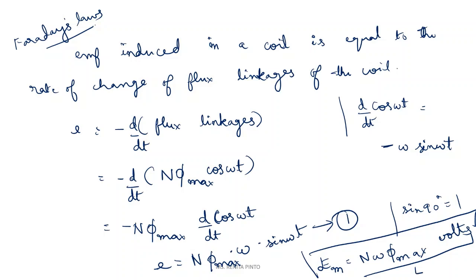Let me mark it as equation 2. Now let me substitute equation 2 in 1. So what will you get? E will be equal to Em sine omega t. Let me take this as equation 3.